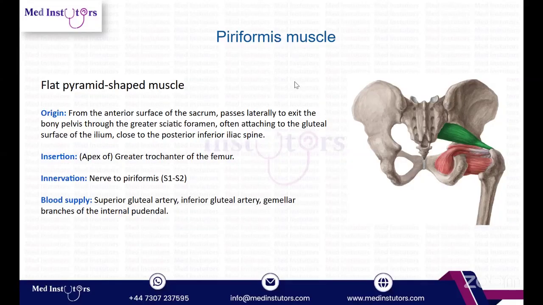Generally, piriformis muscle is a flat pyramid-shaped muscle. It originates from the anterior surface of sacrum. It passes laterally to exit the bony pelvis through the greater sciatic foramen, often attaching to the gluteal surface of ilium close to the posterior inferior iliac spine.